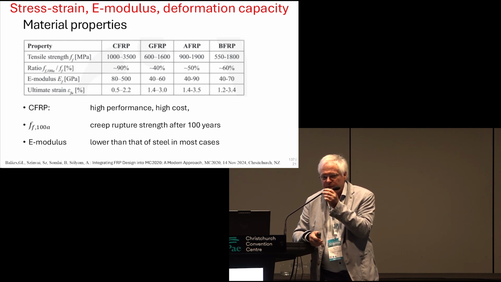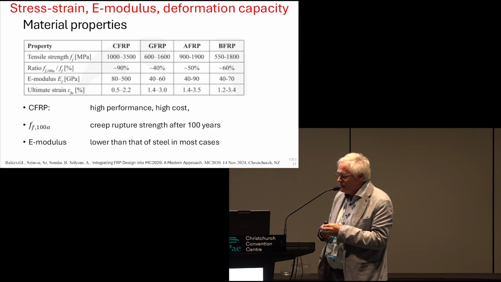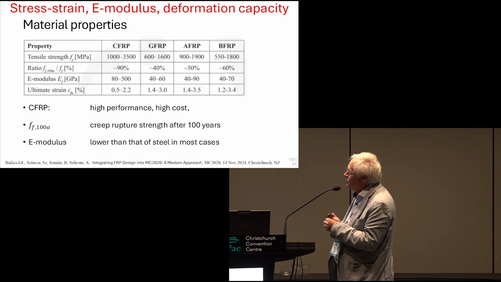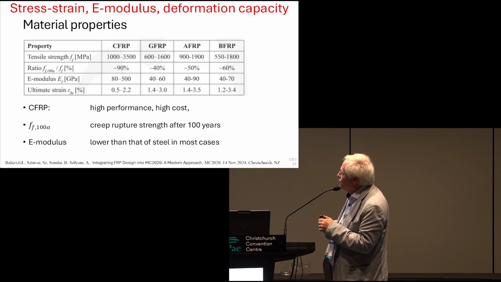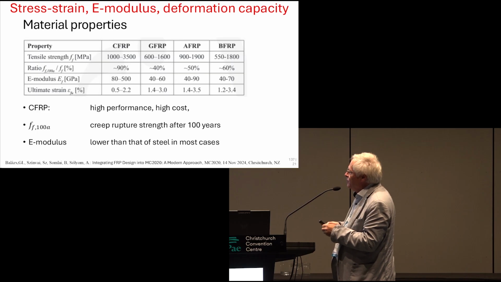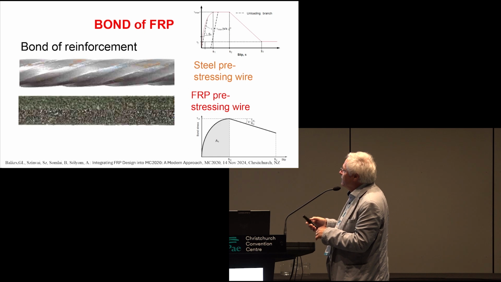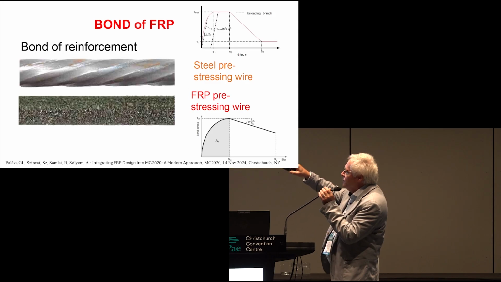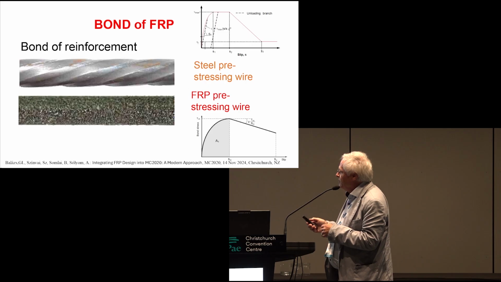We have the chance with carbon fibers to have higher moduli of elasticity than that of steel, but normally the other fibers can provide lower values, about 50,000 to 70,000 newtons per square millimeter. That means automatically that the deflections will be higher. Yes, creep rupture is the word. The tests for 100-year strengths are practically creep rupture tests, and I mentioned them in the literature.